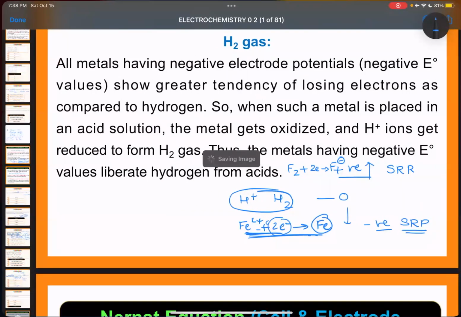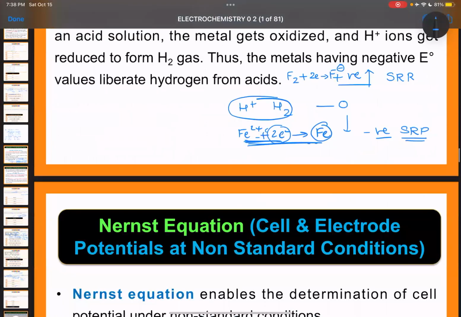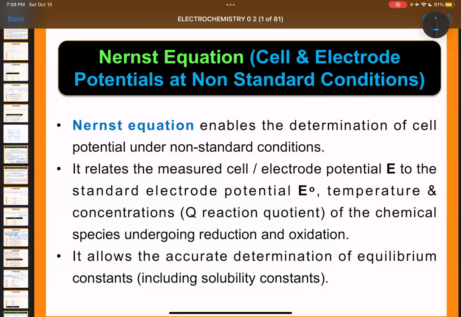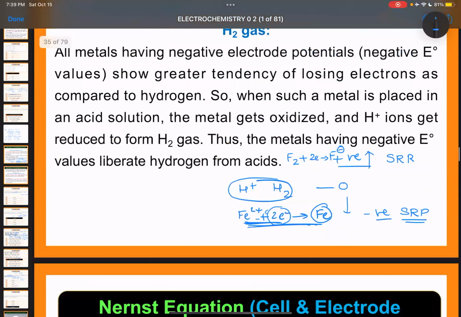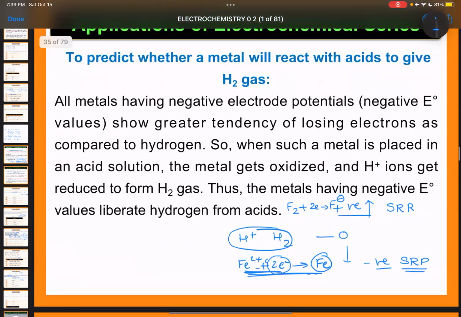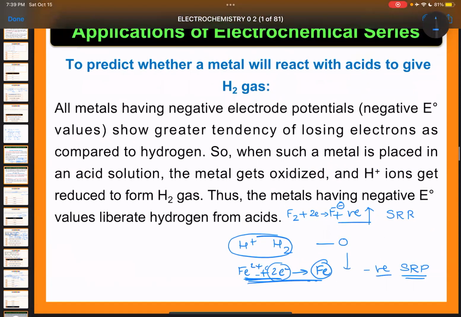And the other thing is the Nernst equation. So when do you use the Nernst equation? Tell me. Any idea? Suppose you are asked to measure the electrode potential under standard condition, you just take a difference and calculate.